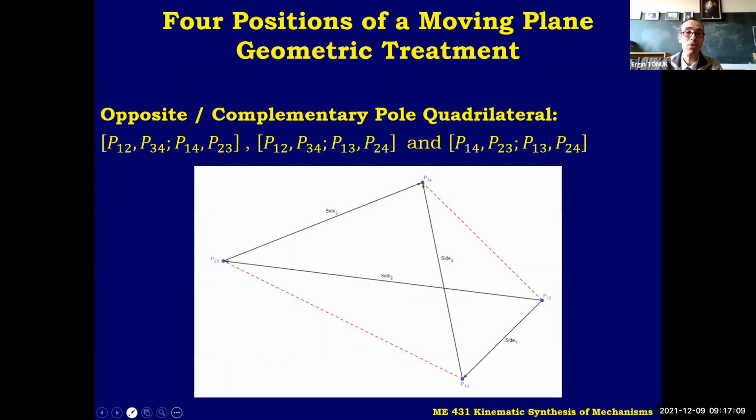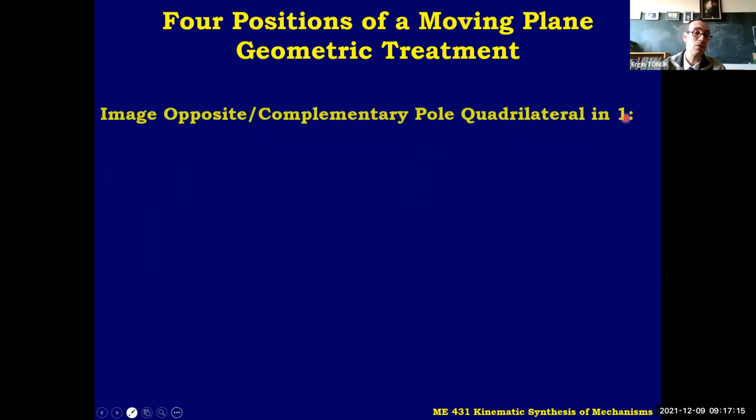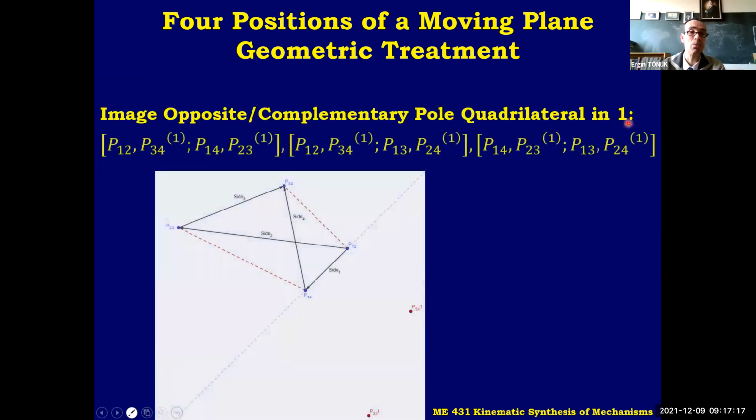So we are going to discuss image opposite or image complementary pole quadrilateral. And actually, this is the poles in position number 1. So what we do is we just check the superscripts. For example, this is between 1 and 2. It has an index 1.